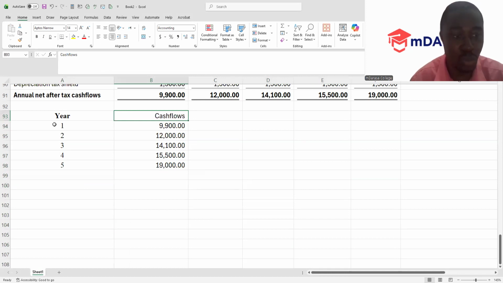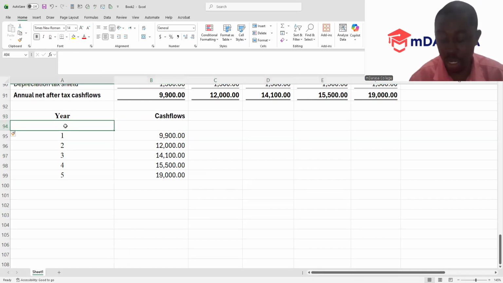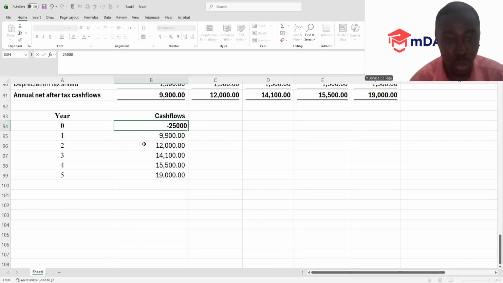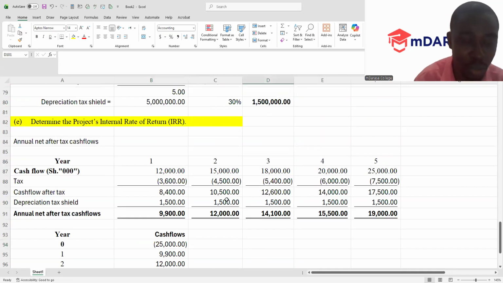So that is what you're supposed to have. Once this has been obtained, we add a row, and we have year 0. Year 0, we take our initial outlay, which was 25 million.